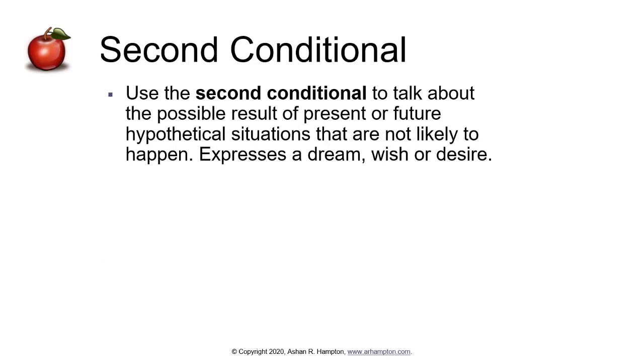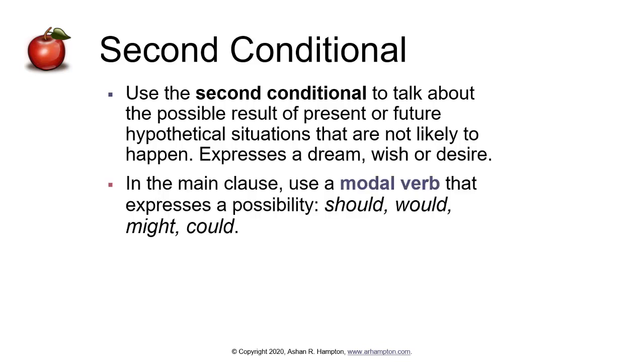The third type of conditional statement is called second conditional. Use the second conditional to talk about the possible result of present or future hypothetical situations that are not likely to happen. Second conditional expresses a dream, wish, or desire. In the main clause, or the effect part of the sentence, use a modal verb that expresses a possibility, such as should, would, might, could.